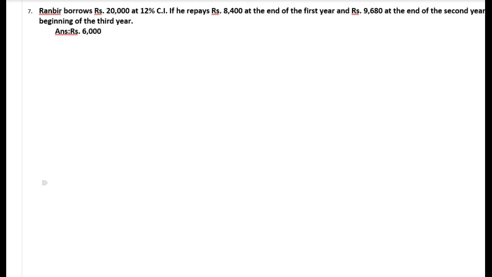In the previous question, Mrs. Kapoor was investing some money at the beginning of the year. Here Ranbir is repaying some money at the end of the year. So let's see how it goes.